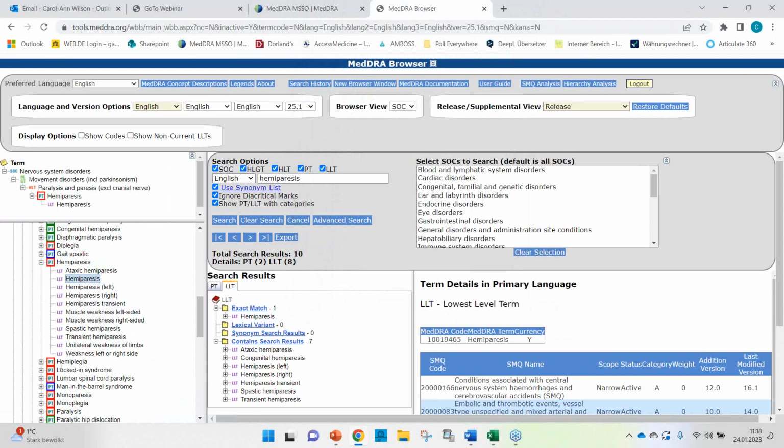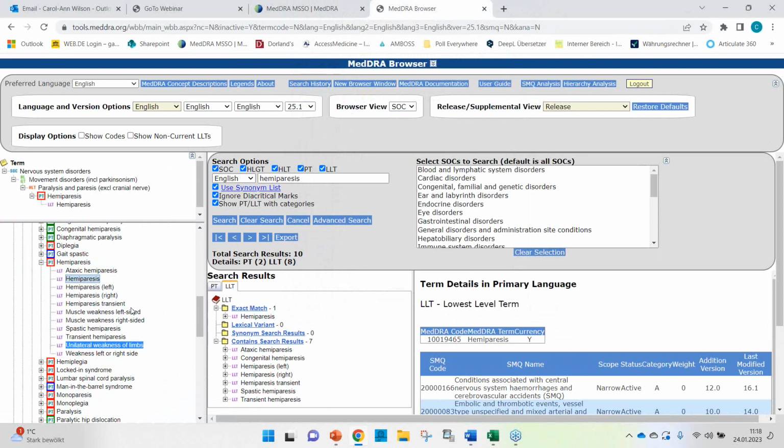And also the weakness left or right side is grouped under this PT, plus the unilateral weakness of limbs. So the weakness does not have to affect the whole side, even if only the limbs are affected of one side, either right or left. This would be classified as hemiparesis based on medical considerations.